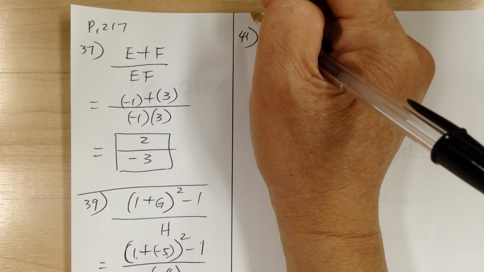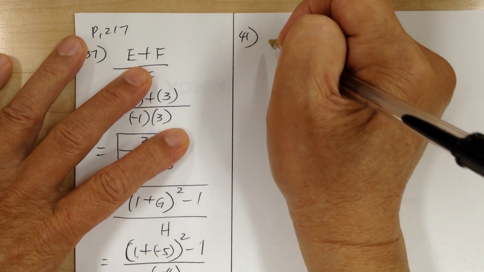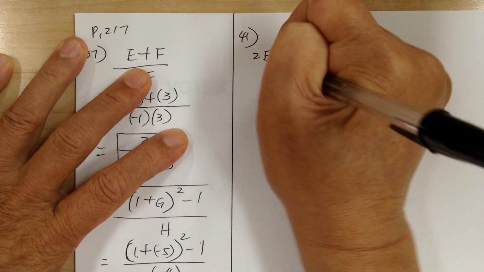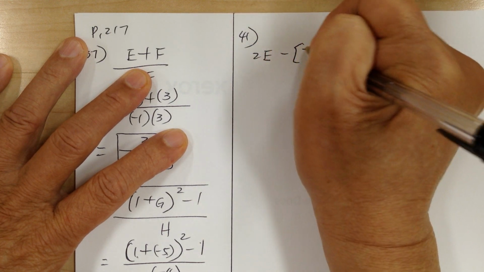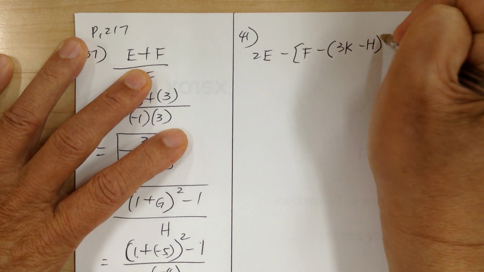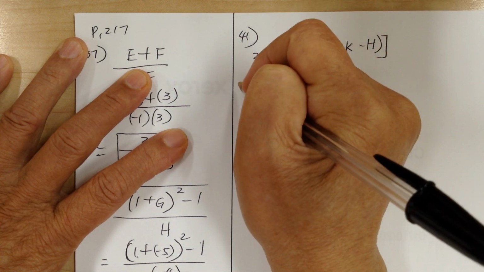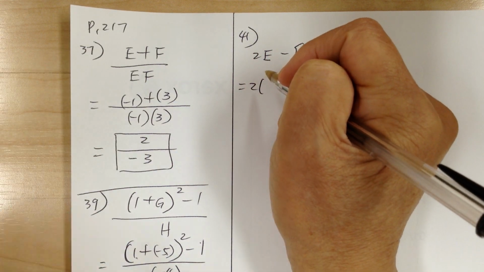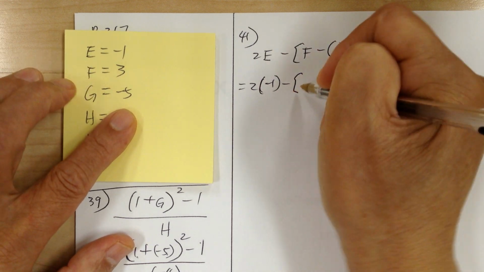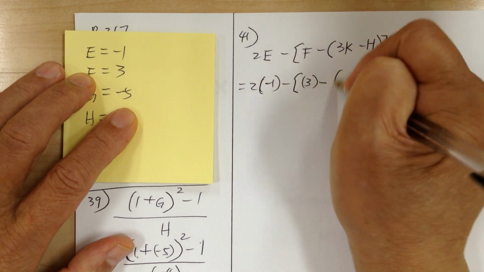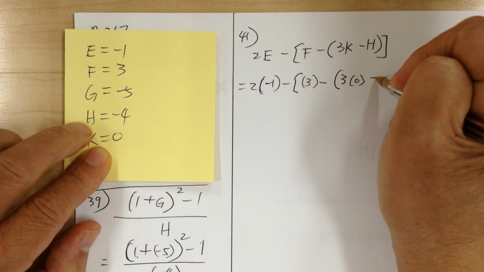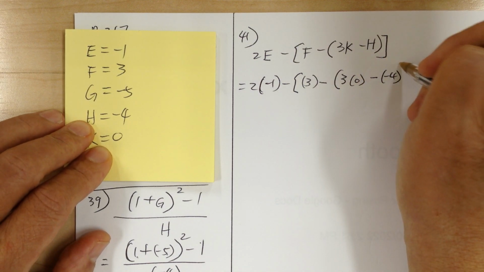Let's go to the next one, 41. You have 2e minus bracket f minus parentheses 3k minus h parentheses bracket. I can substitute everything in there. So e is -1, f equal to 3, k equal to 0, and h equal to -4.